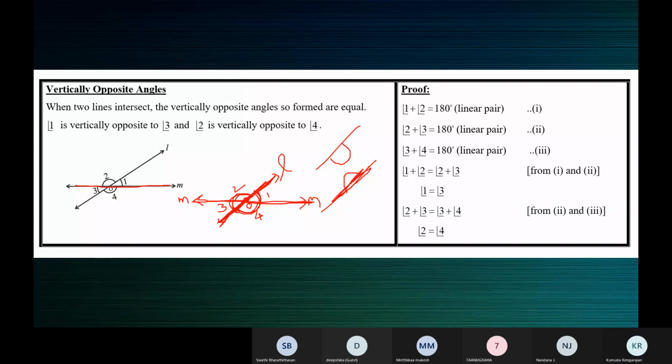Tell me. Ma'am, can... I'm not clear with your question. Can you explain your question, please? Okay, Mritika, see the line M. Now tell me the 2 angles that form a linear pair on line M.